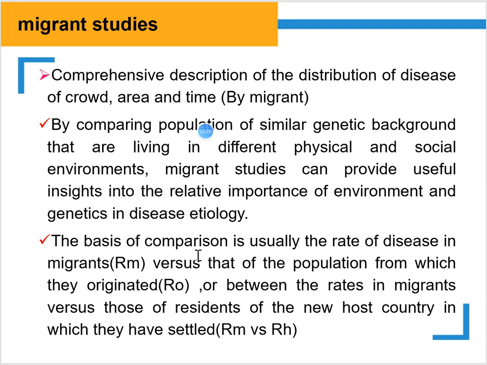The basis of comparison is usually the rate of disease in migrants, RM, versus that of the population from which they originated, RO, or between the rates in migrants versus those of residents of the new host country in which they have settled, that is, RM versus RH.